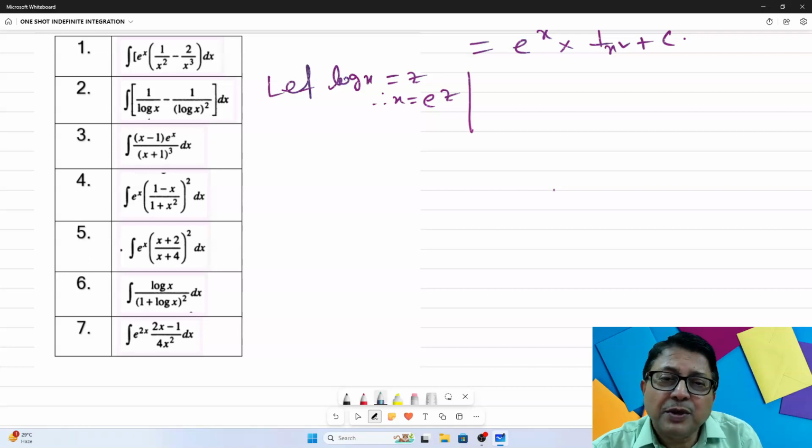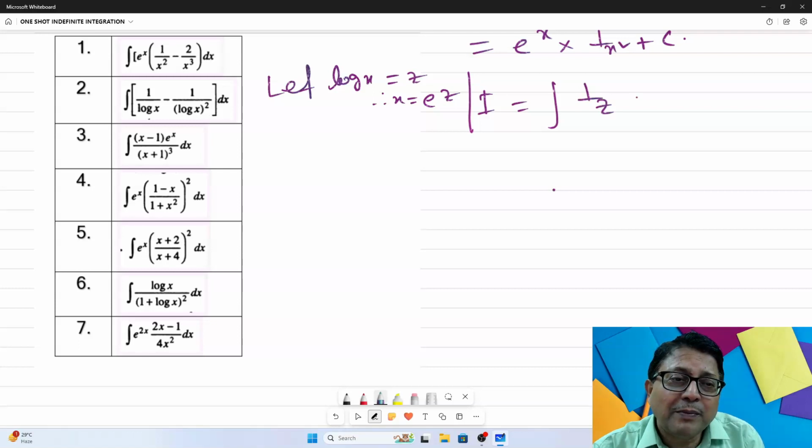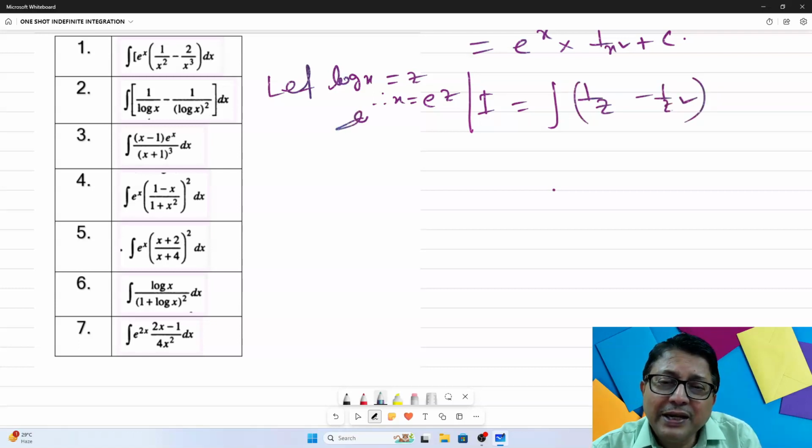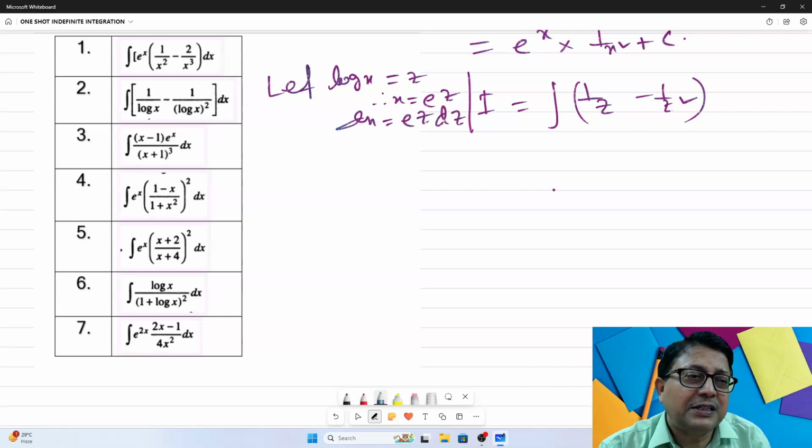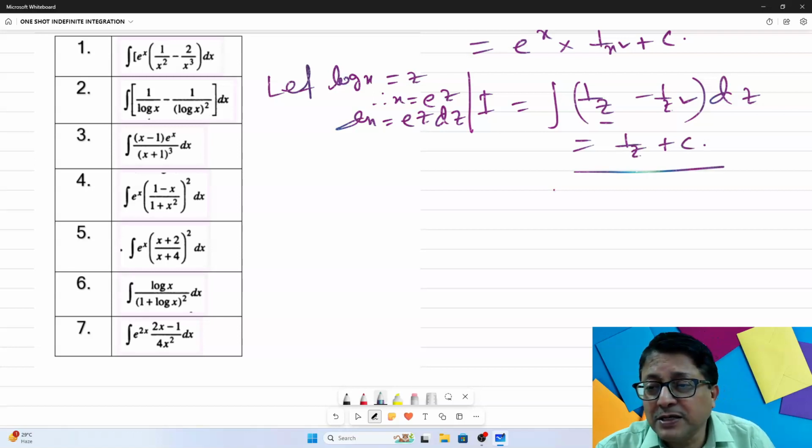So x is e to the power z. So I change to what form? 1 by z minus 1 by z square, and dx is e to the power z dz. So put it there. This one has derivative minus 1 by z square. So answer is e to the power z into 1 by z plus c.